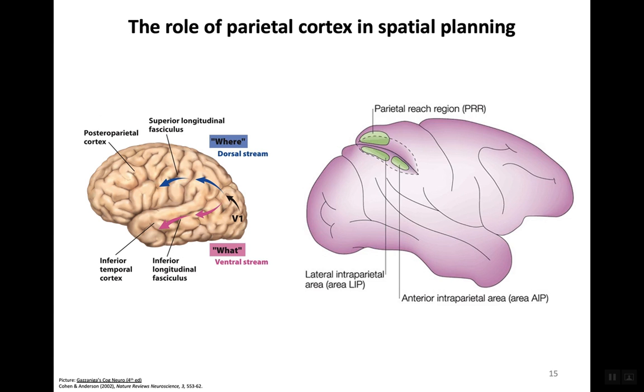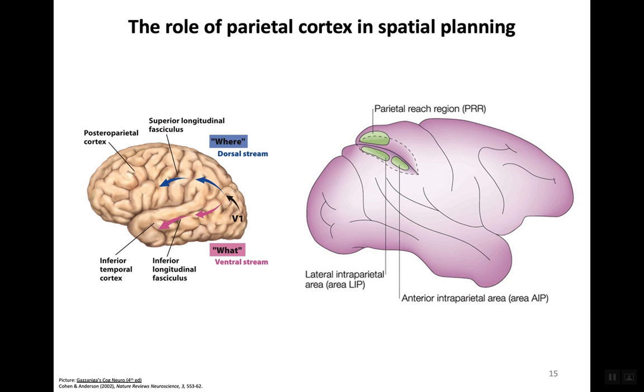For instance, one region, the so-called parietal reach region, or PRR, is responsible, as the name suggests, for reaching towards an object, while a different region, the anterior intraparietal area, is responsible for grasping objects.